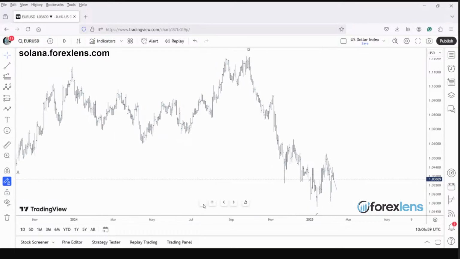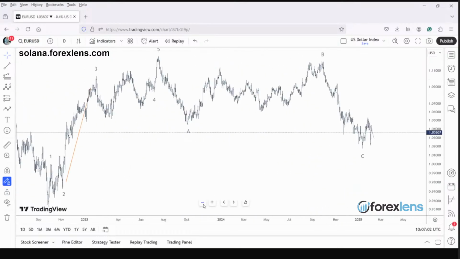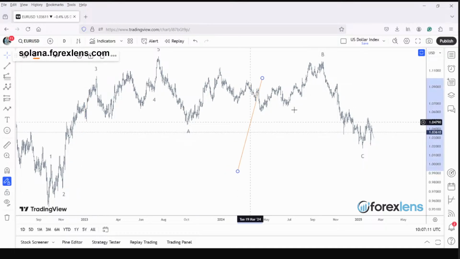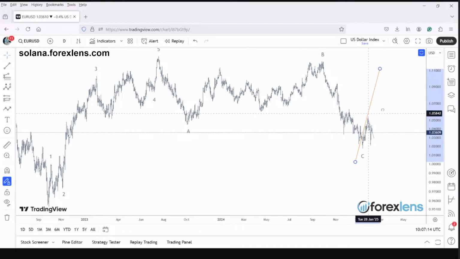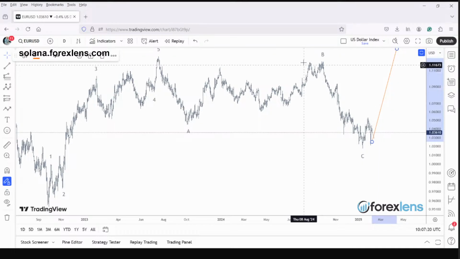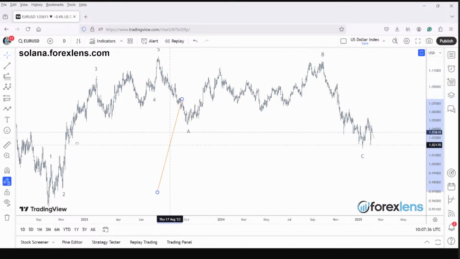So the larger degree trend I'm showing for those who are just joining, this wave 3 is just about to replicate itself from that point. If you go on the magnitude, then ideally it should push above the previous high, which was registered sometime in July 23, and can go all the way above 1.1275. So that's the larger degree structure for euro dollar.